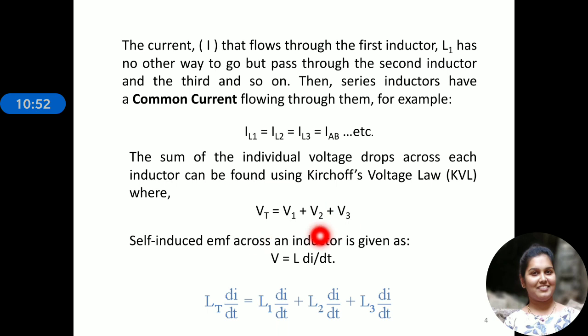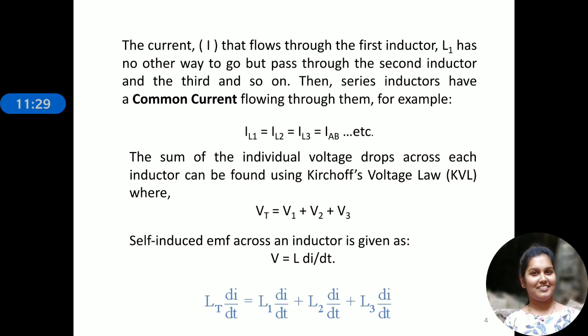For Vt we write Lt di by dt, for V1 we write L1 di by dt, and for V2 we write L2 di by dt. Just the L values are varying, but di by dt is constant.